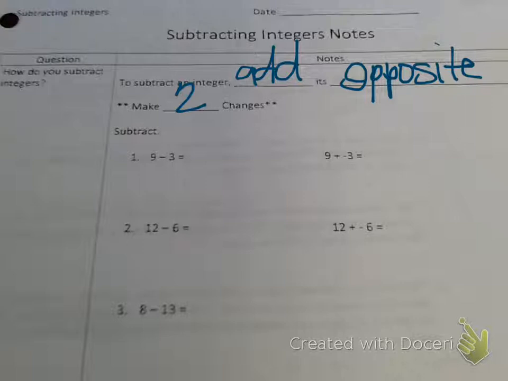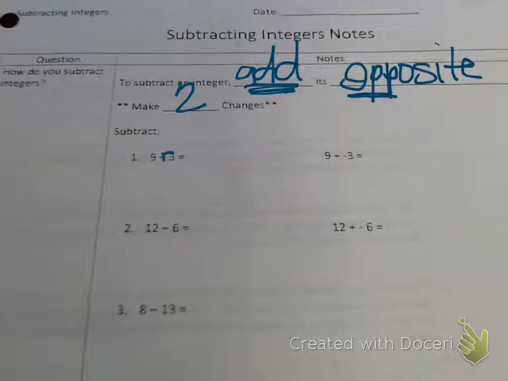Let me show you what I mean. To subtract an integer, for example 9 minus 3, you make two changes: you're changing subtraction to addition, so that gets our add in there, and we're changing 3 to its opposite, which would be negative 3.